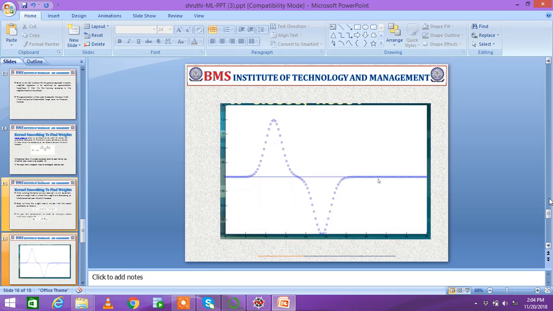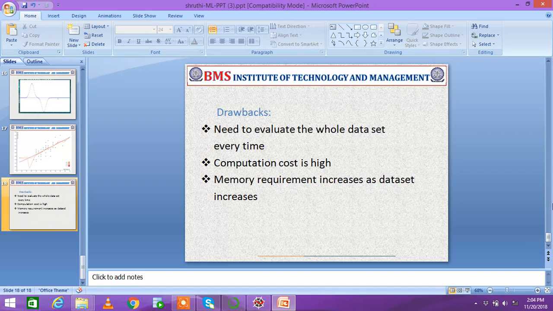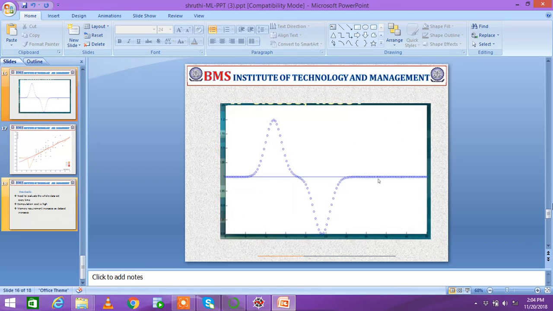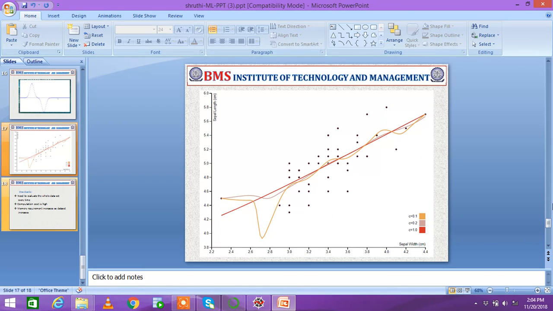This is how we can predict the data, which is the local regression on the set of data points. Then we have other graphs plotted based on the kernel value.